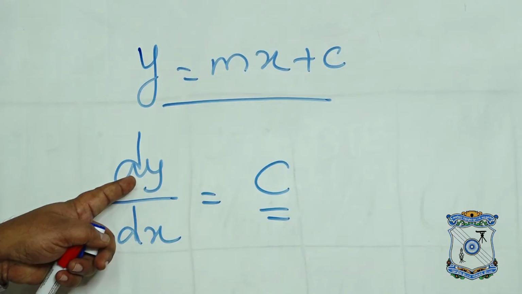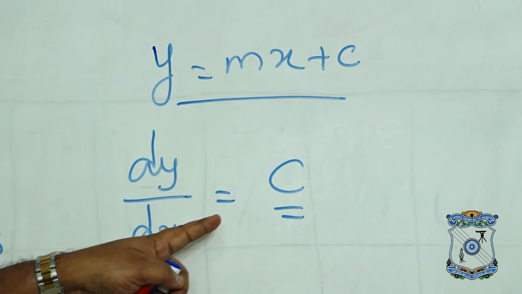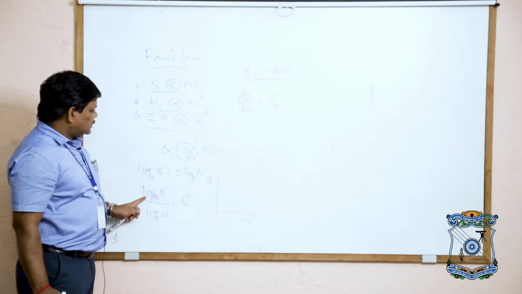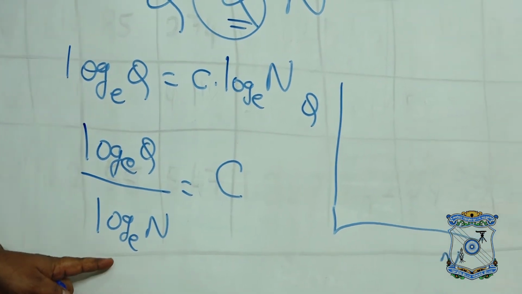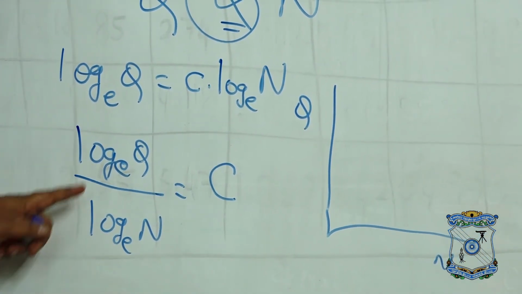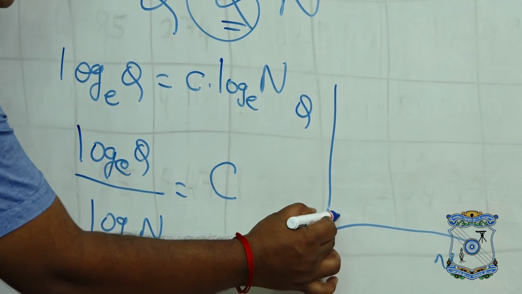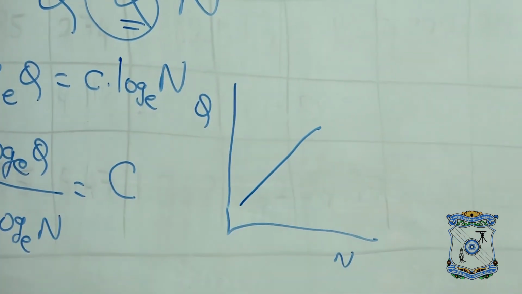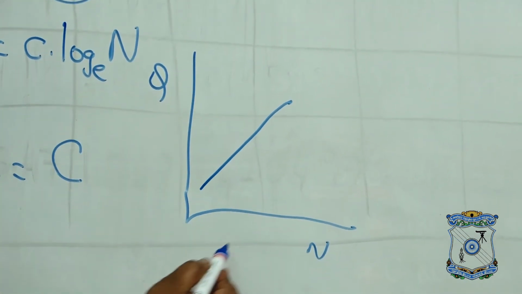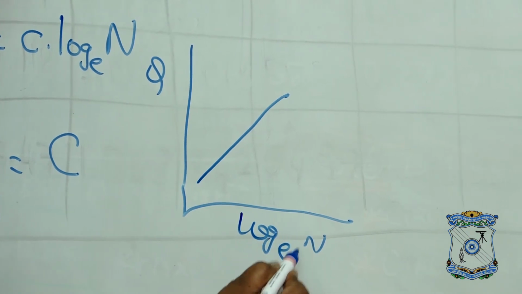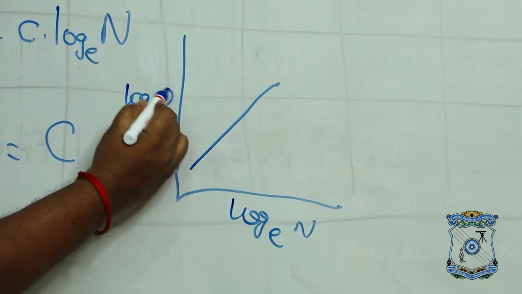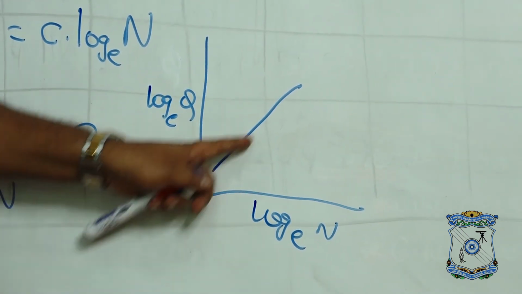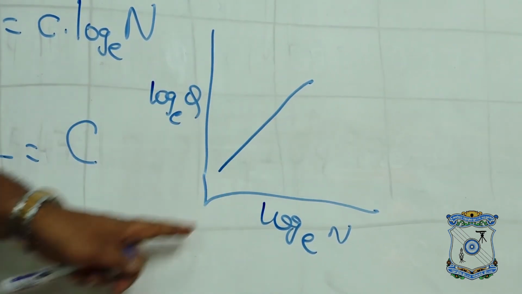So you have to prove that dy by dx is equal to constant, where dy is nothing but log base e Q and dx is nothing but log base e N. If you draw a graph between log base e N and log base e Q, you will get a straight line.